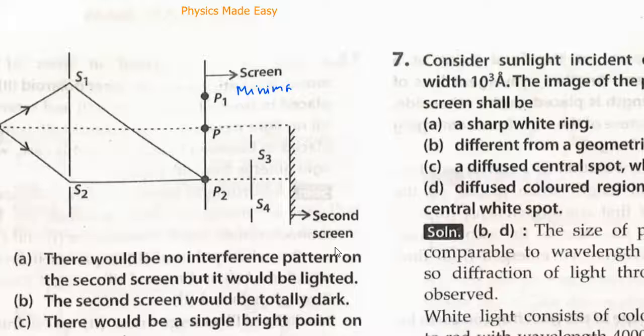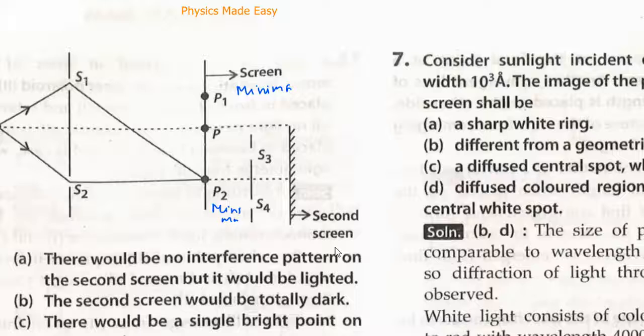Here is also minima. And here are another slits S3 and S4, they are equidistant from P2 on the second screen.